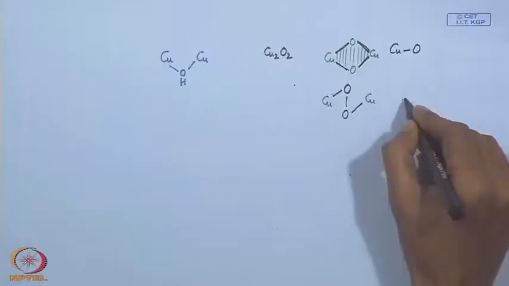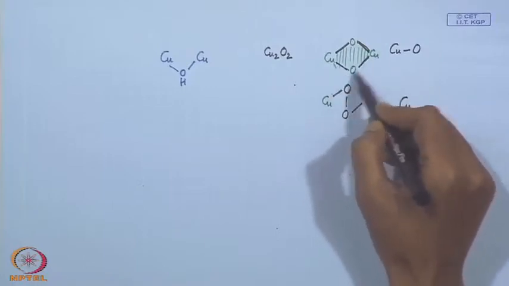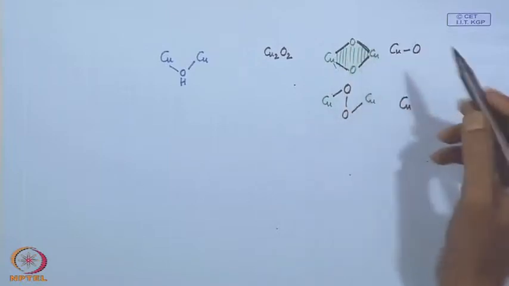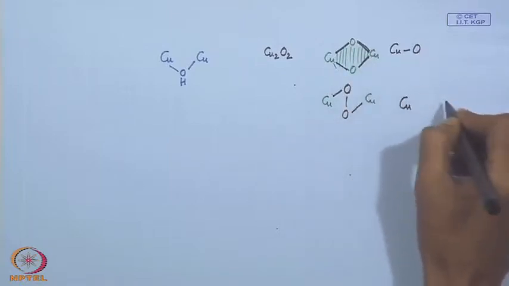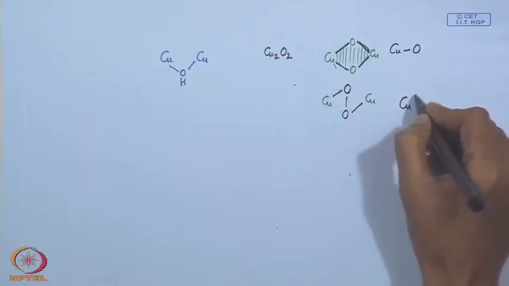If this oxygen is going up, another is going down. So, what we get is a symmetrical binding from these oxygens, either from the hydroxide oxygen or phenol oxygen. That means if they are all in plane, it can be a symmetric one, otherwise you can have a long bond and a short bond.